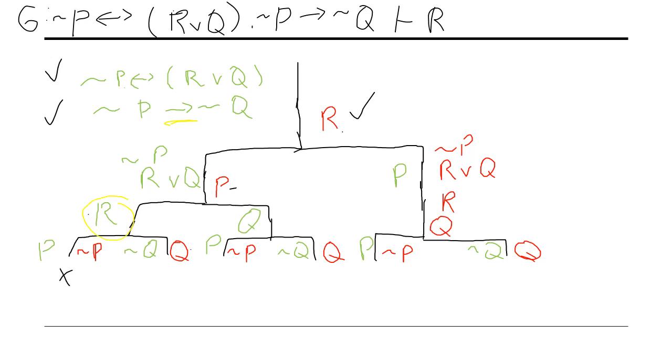So I got an R on the left there, I got an R on the right there, so that one's going to close this one off. Now I got a P on the left, Q on the left, P on the right. So I've got P on the right, P on the left. That gets rid of that one. So that closes that off.